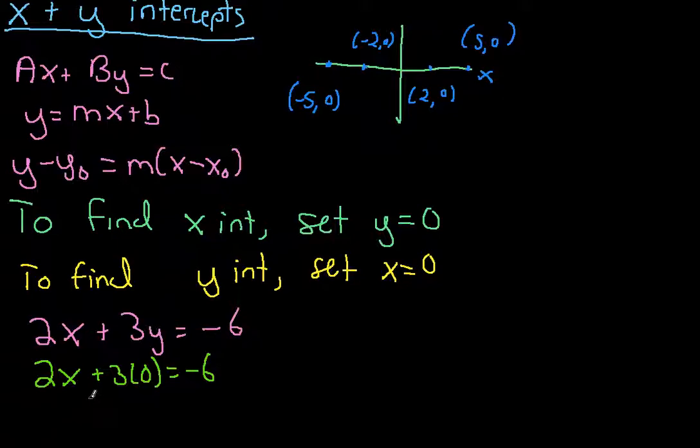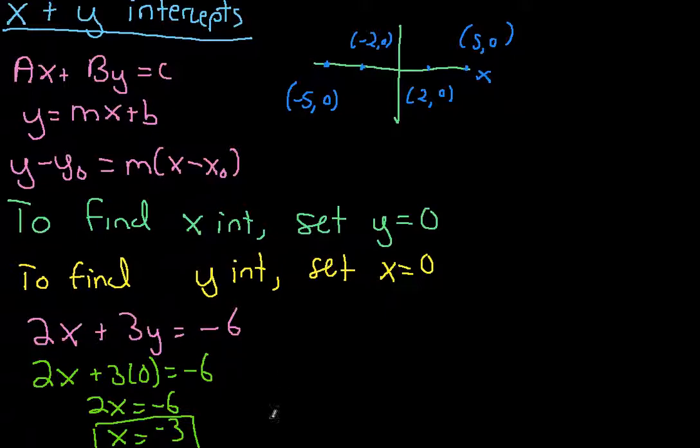Well, we know 3 times 0 is just 0, so this becomes 2x equals -6, which tells us x is equal to -3. Now I shouldn't have circled that because that's actually not quite our answer. The x-intercept has to be a point. So the point would be where x is -3, y is 0. And this is actually what would be our answer here. So this is what should be circled.